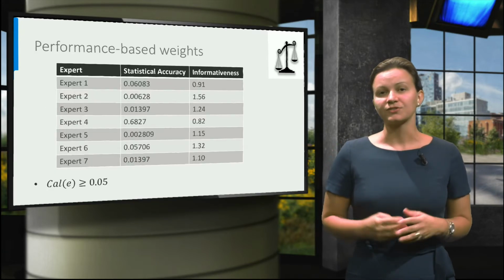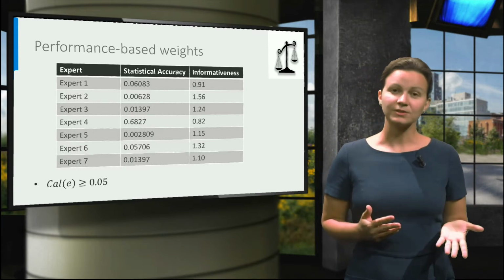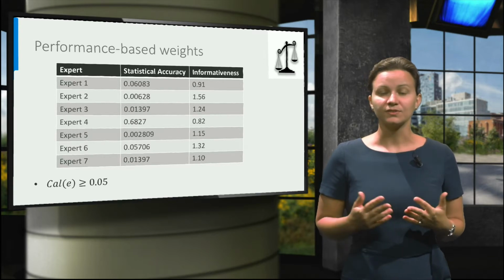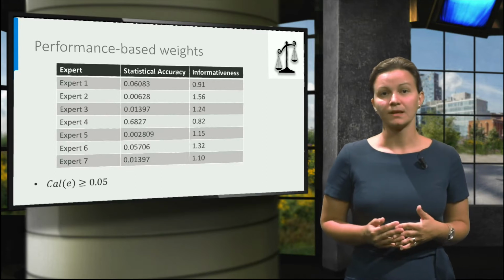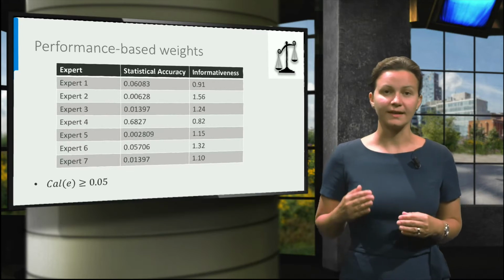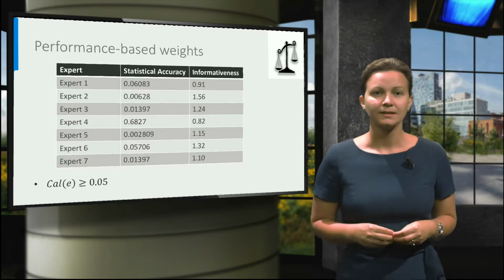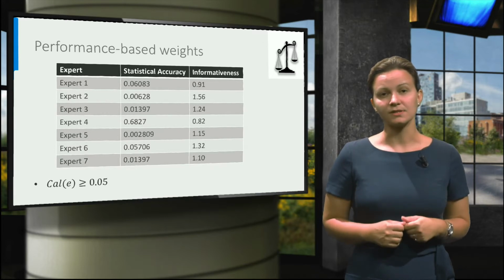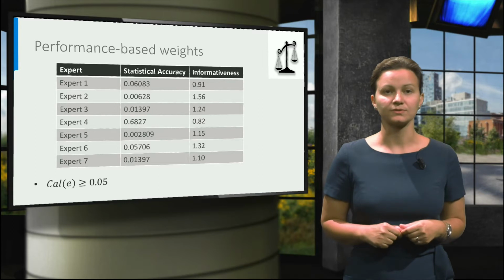Consider now another example with 7 experts for which we record their statistical accuracy and informativeness. Recall that the statistical accuracy is the p-value of a hypothesis test, where the null hypothesis is that expert assessments are statistically accurate. In practice, a p-value smaller than a given significance level provides sufficient evidence to reject the null hypothesis.